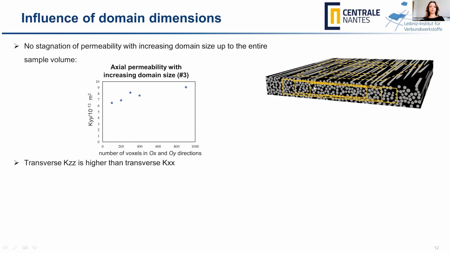But that is only information about the geometry of the structure. However, this stagnation can be different for the property of interest that we want to evaluate. So at a certain size, the geometry may say, okay, this is our RVE, but in terms of flow properties, the size of the RVE should maybe be bigger.